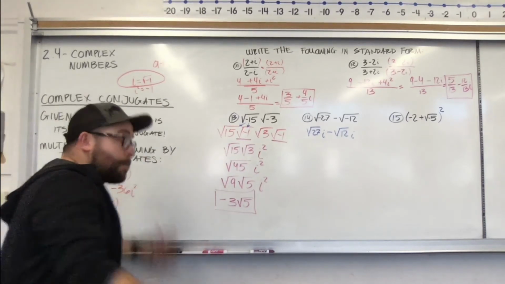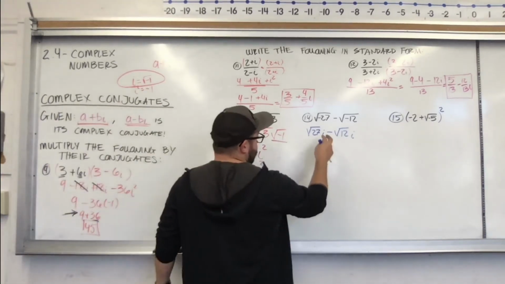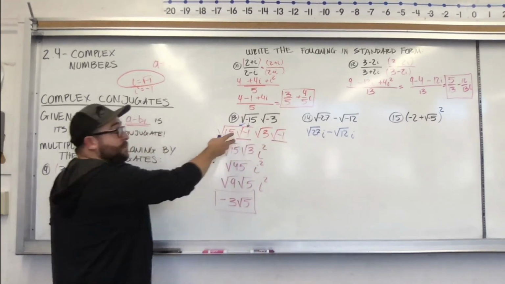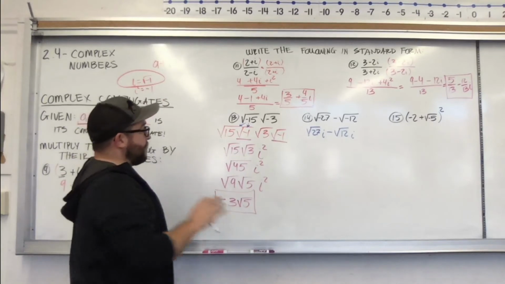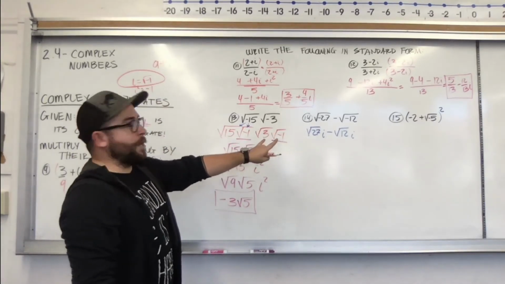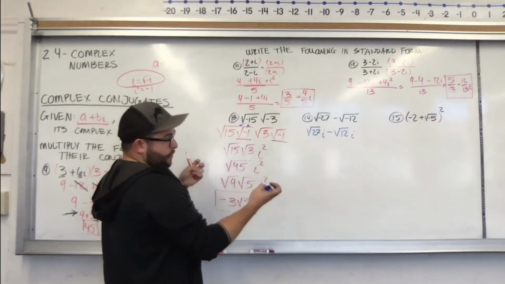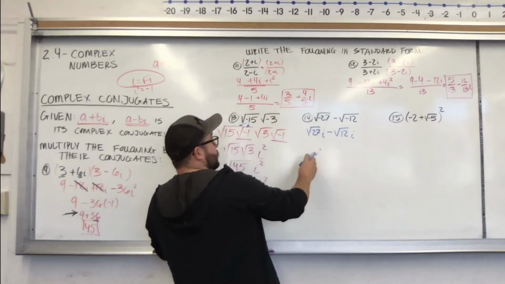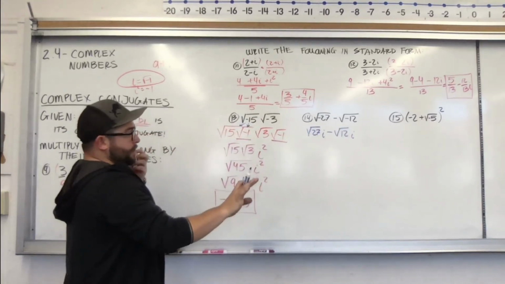Now, I know it's been a while probably. If you do arithmetic, aka adding, subtracting, multiplying, dividing with radicals, multiplication and division are super easy, super sweet, right? We can break it up, move it around, put it back together. When it comes to addition and subtraction, we have to treat it like terms. So we have square root of 27s over here and square root of 12s. They're not like terms yet.